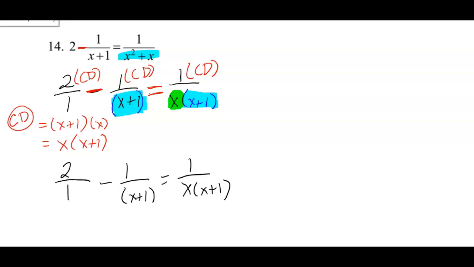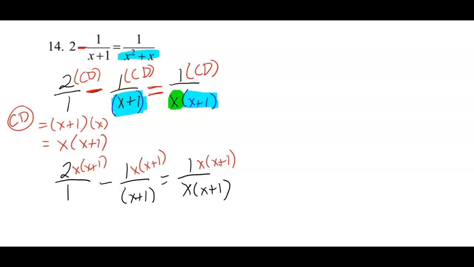So I have first fraction, second fraction, everything split apart by minus or equals, and third fraction. So when I'm multiplying through, that common denominator should be multiplied 3 times: x times x plus 1 on the first fraction, x times x plus 1 on the second fraction, x times x plus 1 on the third fraction.